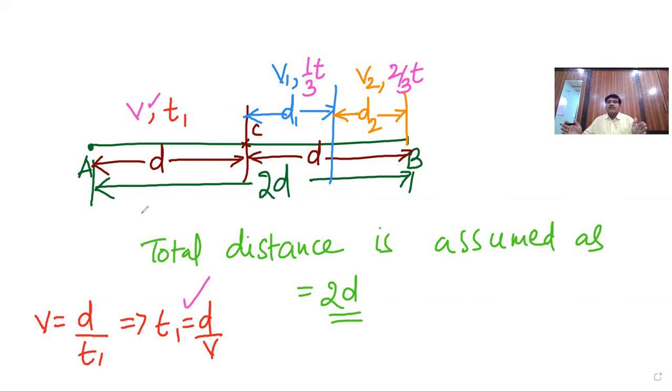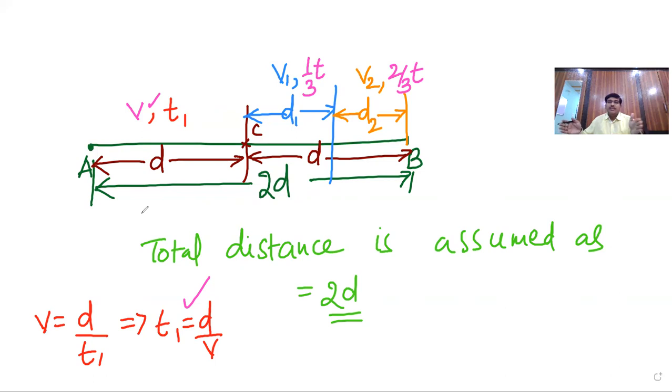Next, the second half distance is d, and in that, he has not given the distances. I am assuming some distance d1 is covered out of d with a speed of v1 in 1/3 of the time, 1/3 t, and the remaining distance d2 is covered at a speed of v2 in 2/3 of the time.